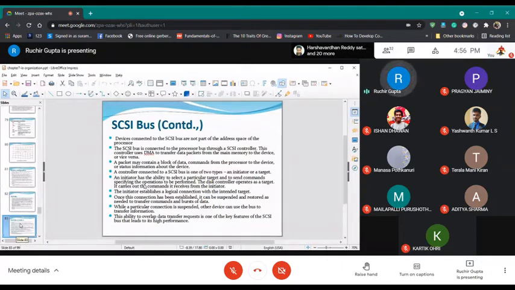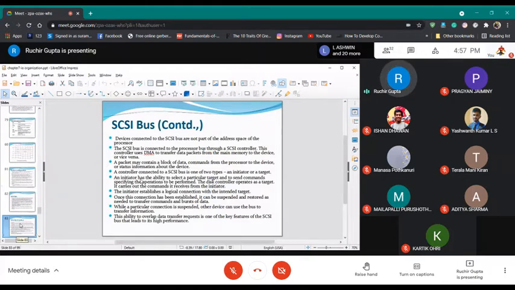So, how to handle that? There is a way by which it performs. The initiator has the ability to select a particular target and to send commands specifying the operations to be performed.